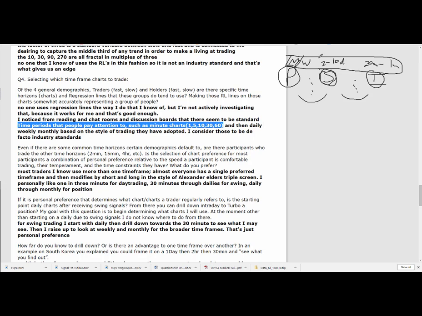So I think you have to find the one that suits your own time schedule. How much time do you want to put into monitoring the market? How much lead or lag time do you want to take? The longer between intervals, the wider your stop's got to be, obviously. But yeah, that's how you sort through that.